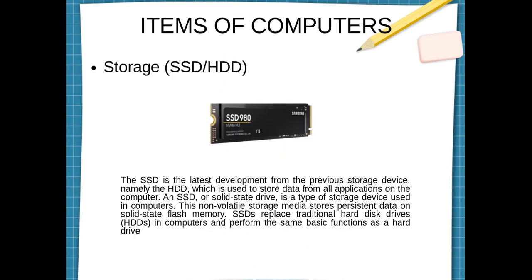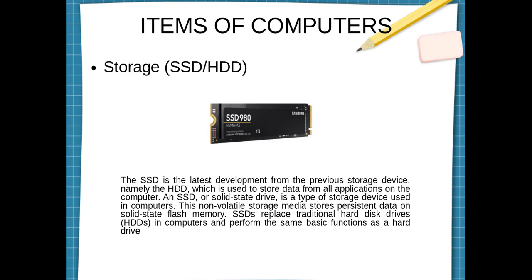Next is storage. Storage is known as SSD or HDD. SSD is solid state drive and HDD is hard disk drive. The SSD is the latest development from the previous storage device, namely the HDD, which is used to store data from all applications on the computer.